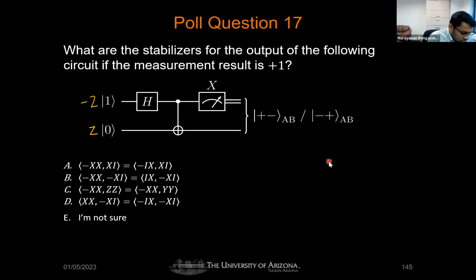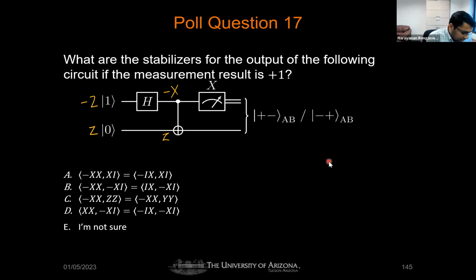Now you track this through the circuit. Minus Z through H becomes -X, and Z acting on 0 stays Z. These are two independent stabilizers. Now on the CNOT, if you use the rules from the cheat sheet I introduced before, then X on the CNOT becomes XX.